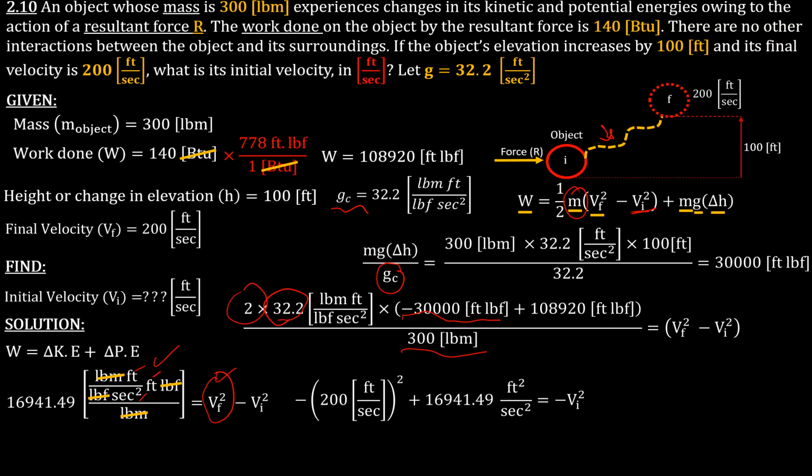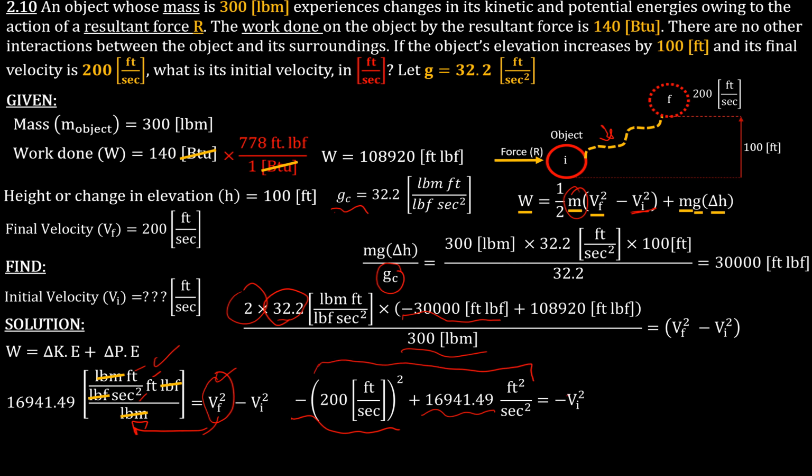So now the final velocity is given, and we will move it to the other side of the equation, and it will become from positive to negative, which is this one right here, plus the value that we have here. And now the answer right here will be negative.